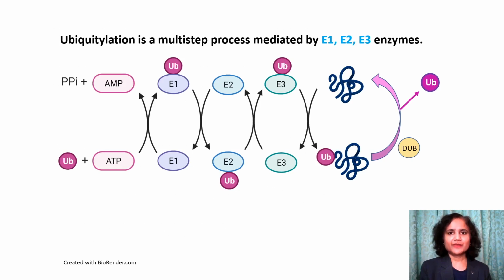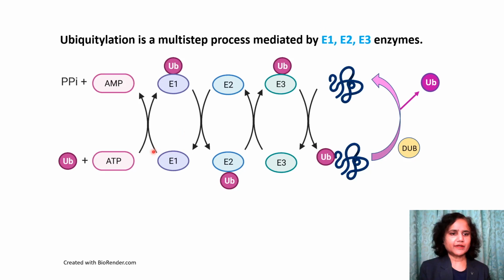Ubiquitylation is a very complex multi-step process, and here I'm trying to show a generalized ubiquitin conjugation pathway. Now, of course, the first step, which is not shown here, is that there are precursor ubiquitin-like proteins, and they are processed by DUBs, that is deubiquitinating enzymes, or ULPs, ubiquitin-like protein specific proteases, to expose the C-terminal glycine in the mature ubiquitin.